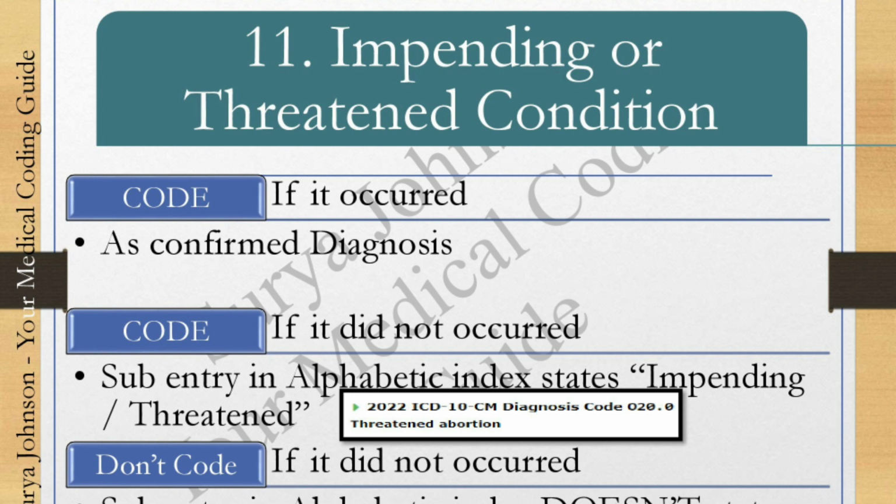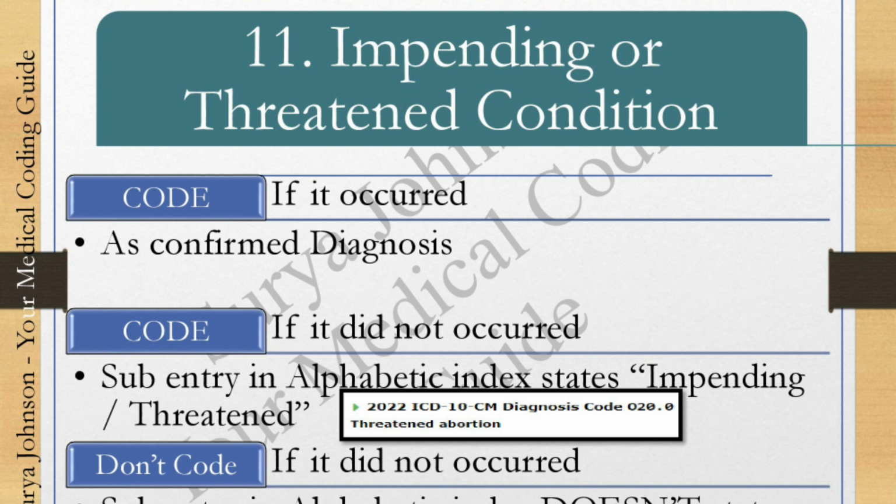In this example, you can see threatened abortion. There is a code O20.0. So what is threatened abortion? No abortion has happened to the patient, but the symptoms or the related signs reflect that it might happen. So all the precautionary actions should be taken or the treatment should be followed. So this threatened abortion has a separate code O20.0.